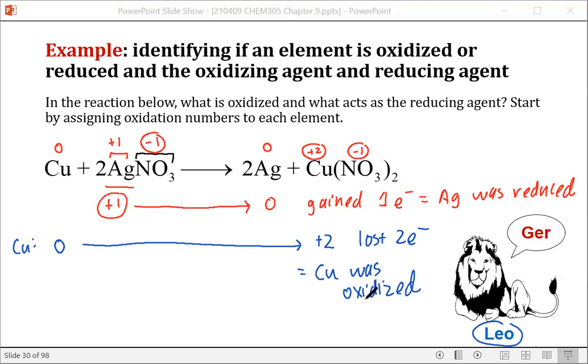Let's now identify the reducing agent and the oxidizing agent. So silver was reduced. It started out as silver 1+ in silver nitrate, and by the end of the reaction, it was elemental silver with an oxidation number of 0. So since silver was reduced, silver nitrate is the oxidizing agent.